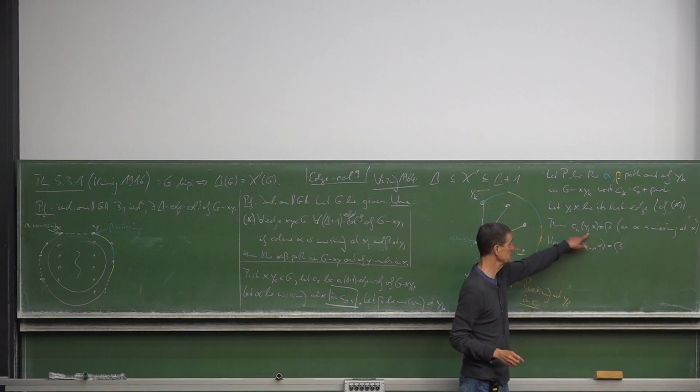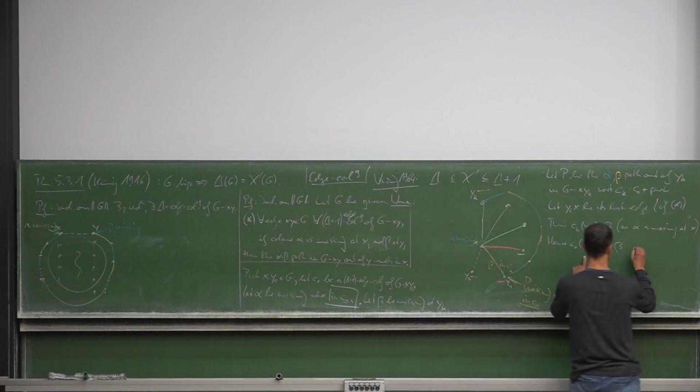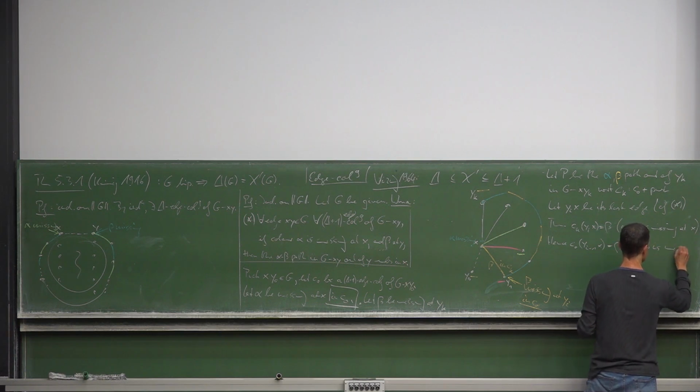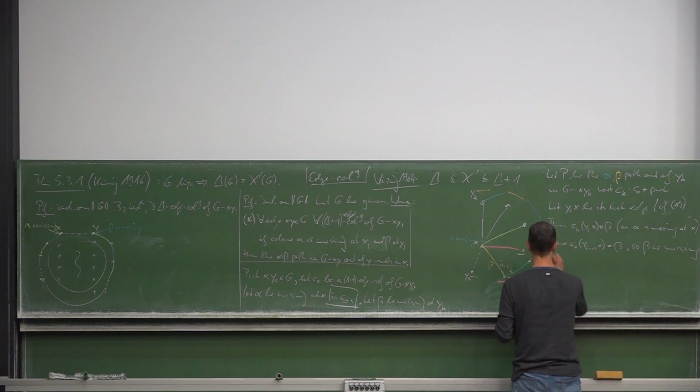That's how it got its color in CK. So beta is missing at yi in C naught.